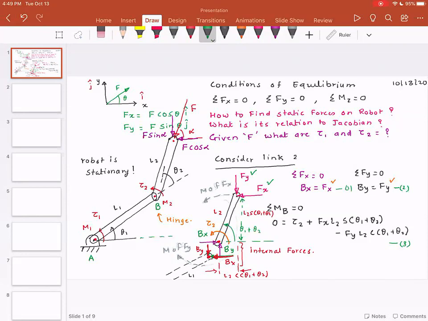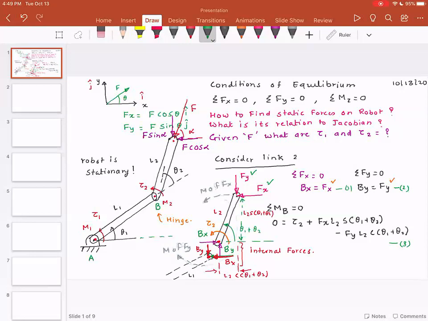And since these are internal forces, they disappear. However, please understand that we know the values of Bx and By already. We know Bx is equal to Fx and By is equal to Fy.